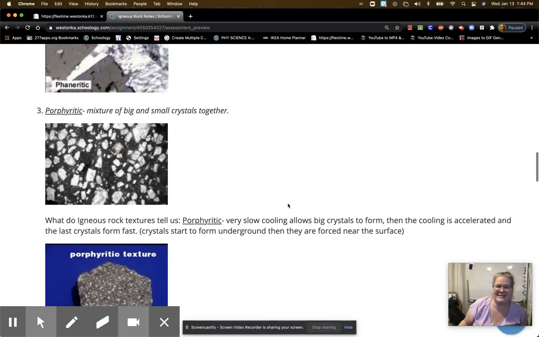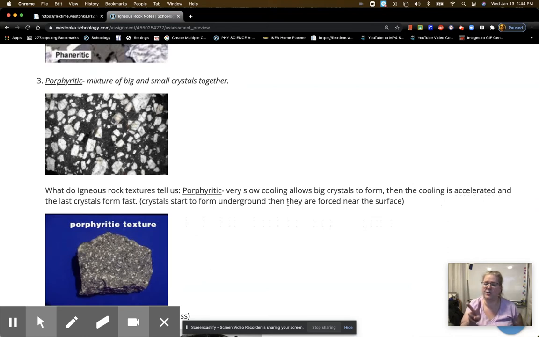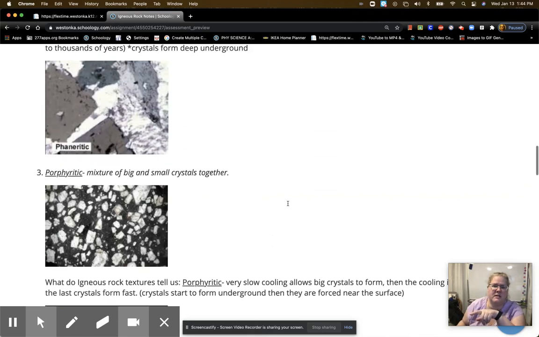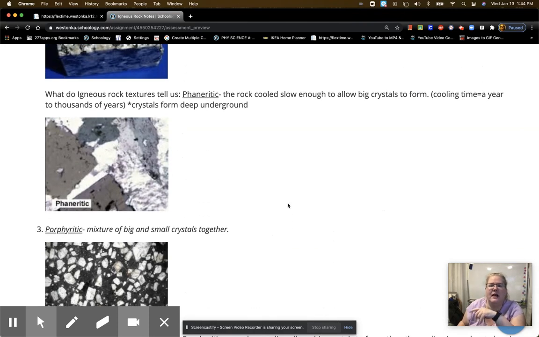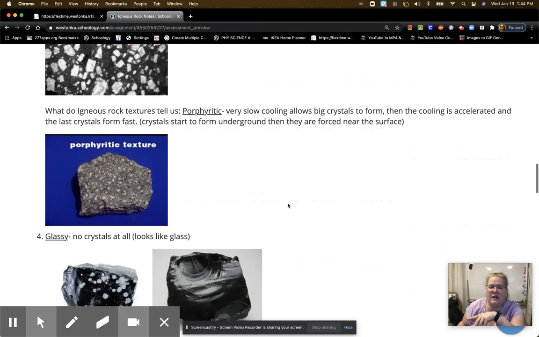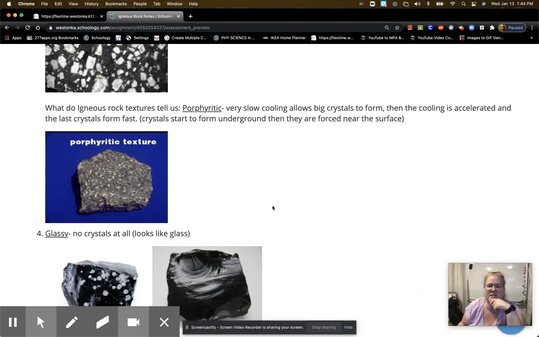And porphyritic is a combination of those two. It had two different cooling times. It had long drawn out cooling times, like we set up here, from basically a year to thousands of years to start getting those bigger crystals here that we can see. But then something happened. We had uplifting. Something accelerated that cooling where it was allowed to cool faster.